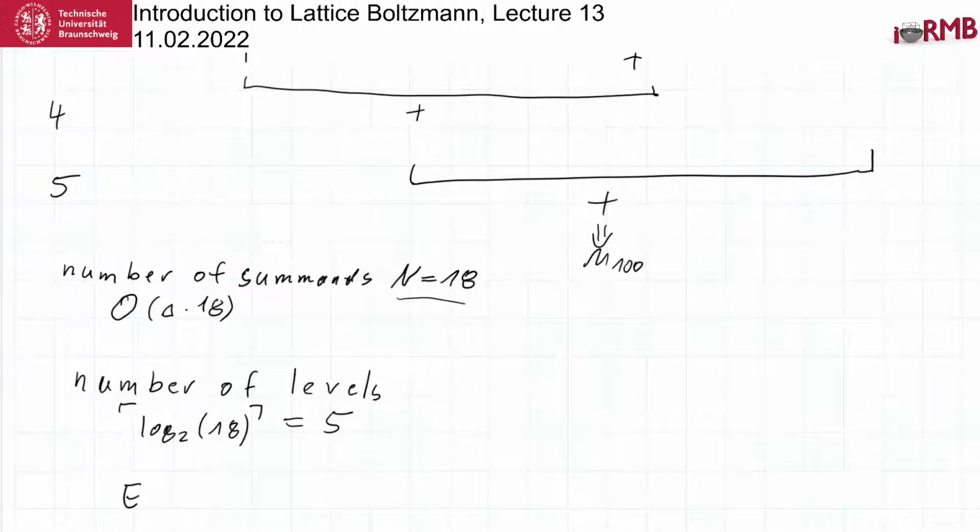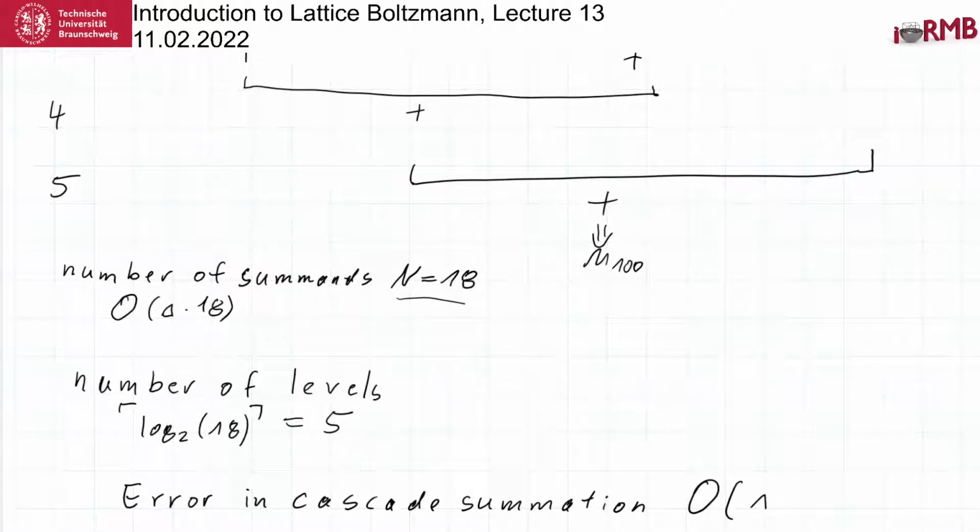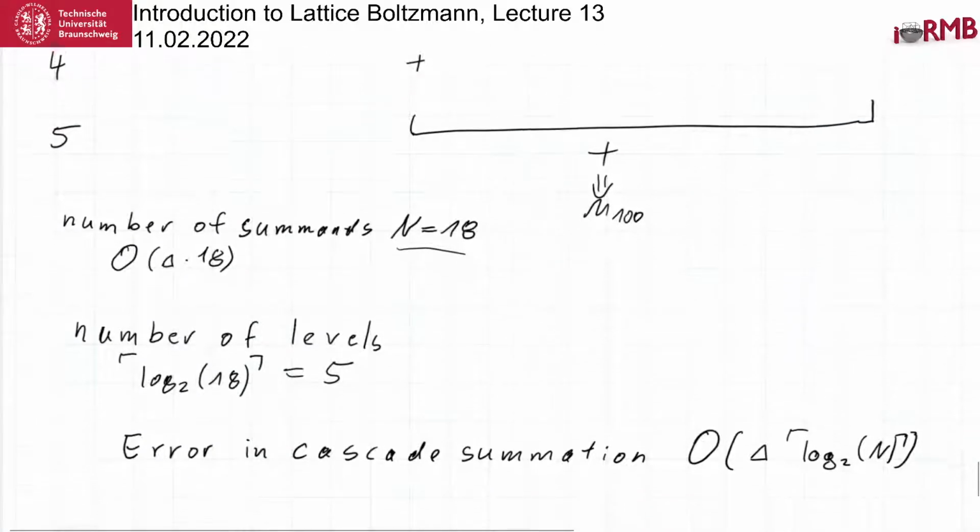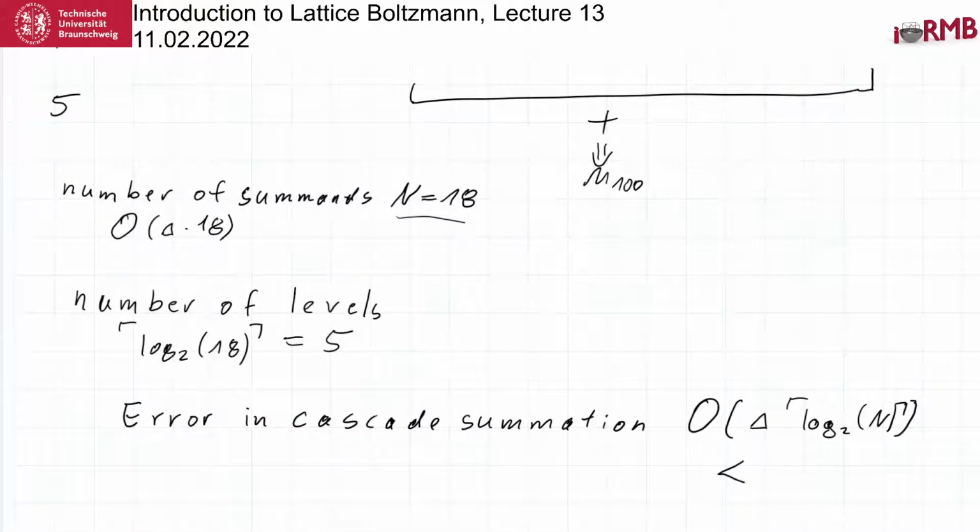And the error in the cascade or pairwise summation is of the order of delta times the ceiling of the logarithm to the base 2 of n. Yeah? And as you see, this is usually much smaller than O of delta n.